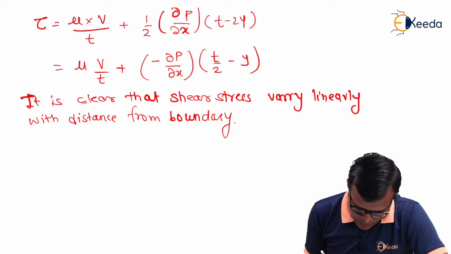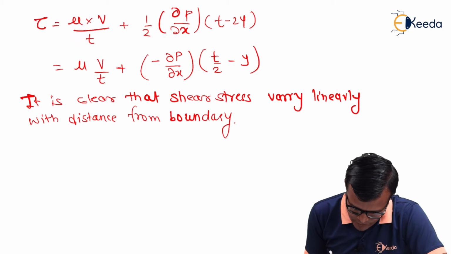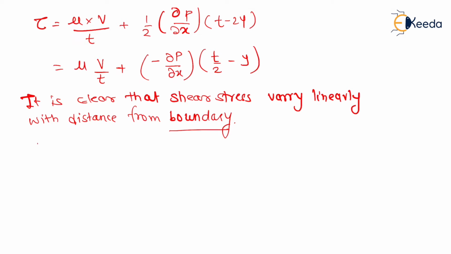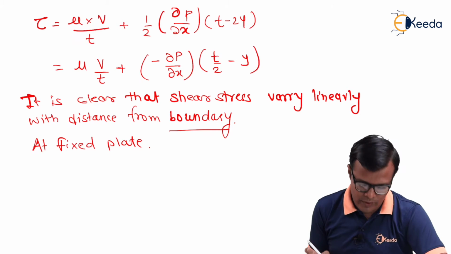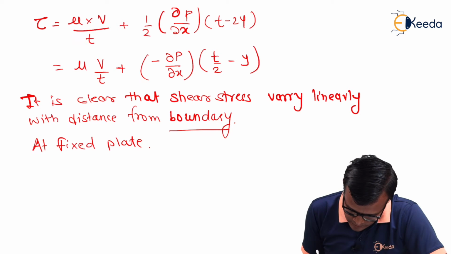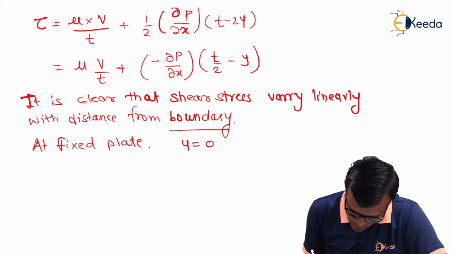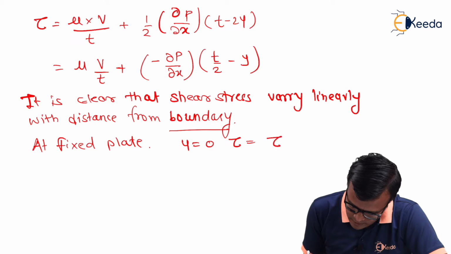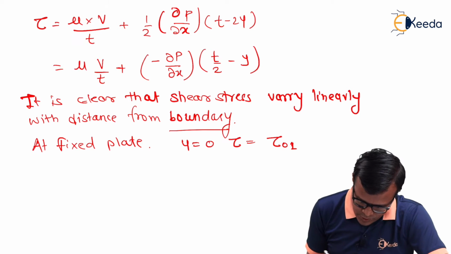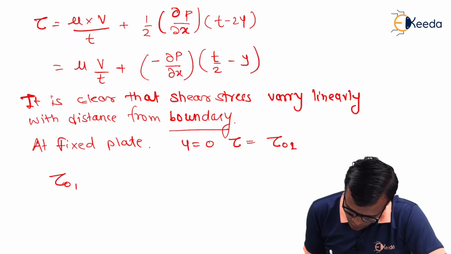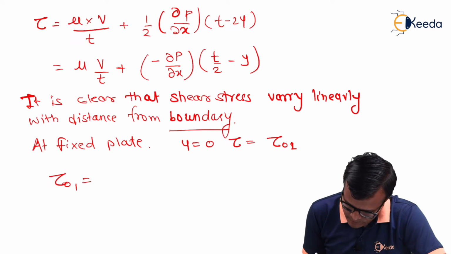So we are going to find at boundaries, at fixed plate. This is the first boundary condition, where y value is 0 and tau value is say tau naught 1, the first location, stationary location. So tau naught 1 can be calculated by putting y value equal to 0.